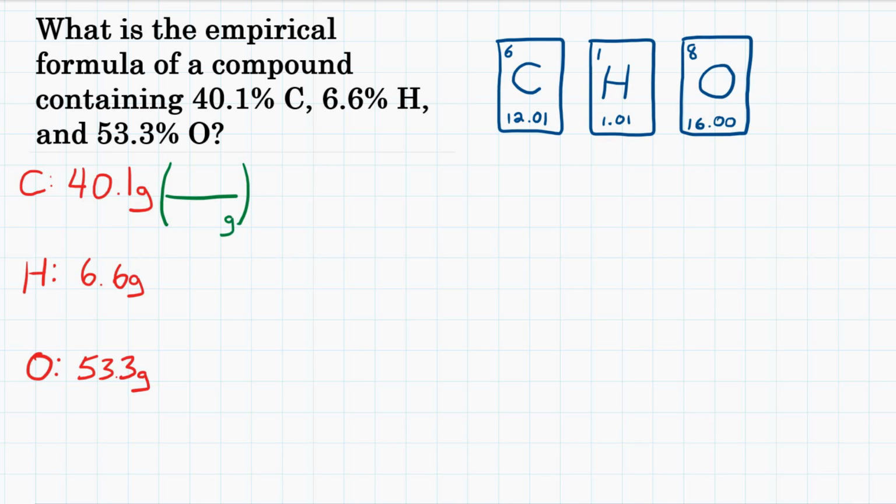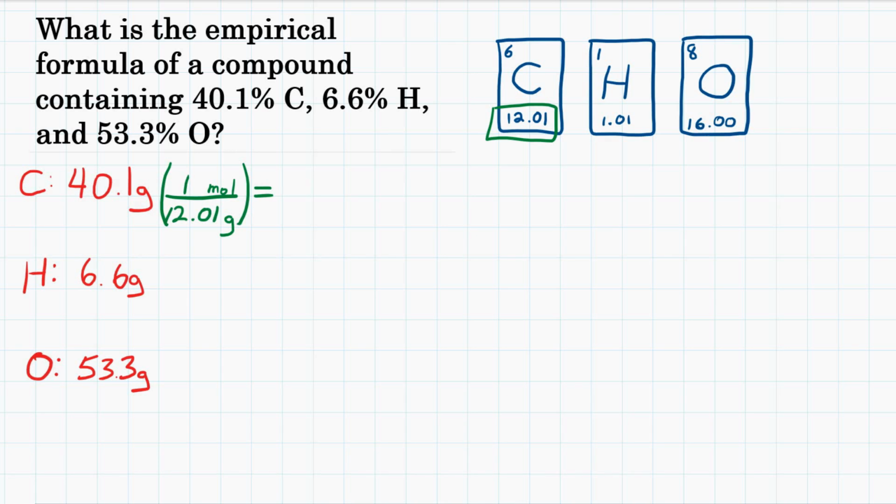So we're going to multiply by a conversion factor. We want to cancel out grams and be left with moles. So we need to know the relationship between moles and grams for carbon. 1 mole is 12.01 grams. So we're going to put that on the bottom.